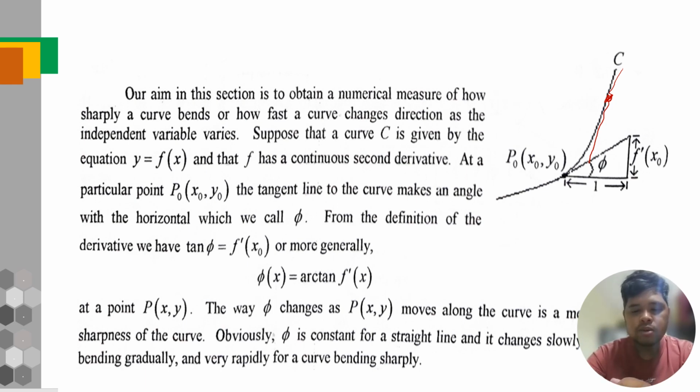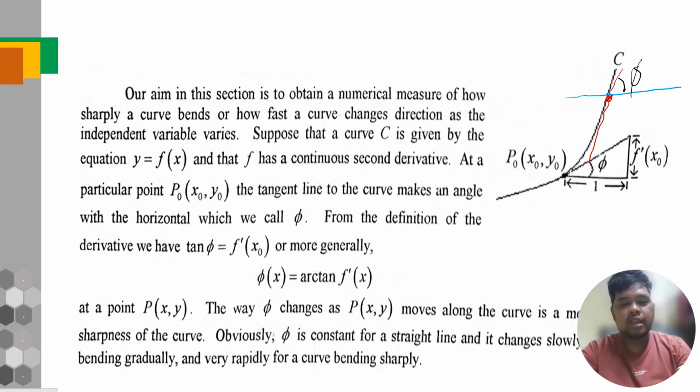So itong line na ito, if we draw a horizontal line across this point, then yung angle na naki-create ng tangent line at ng horizontal line, yun yung angle phi natin, no? So dito sa baba, meron din dito. Okay? And alam naman natin na yung slope ng tangent line is yung derivative actually, yung tinatawag natin na derivative. Okay?